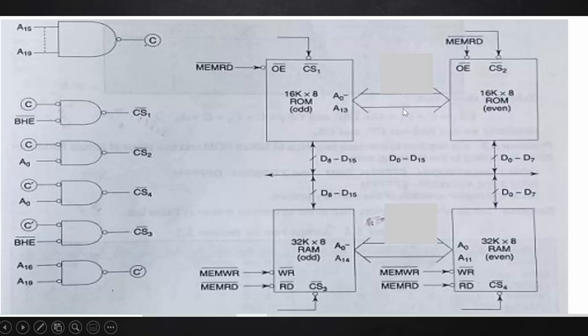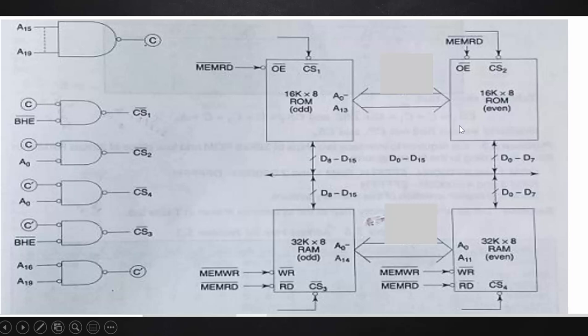Another important property of our 8086 is that its data bus capacity is 16 bits, meaning it can access 16 bits of information from memory at a time. It can write 16 bits of information or read from memory at a time. This 16 bits of information is considered one word, and it can be divided into a lower byte and a higher byte.